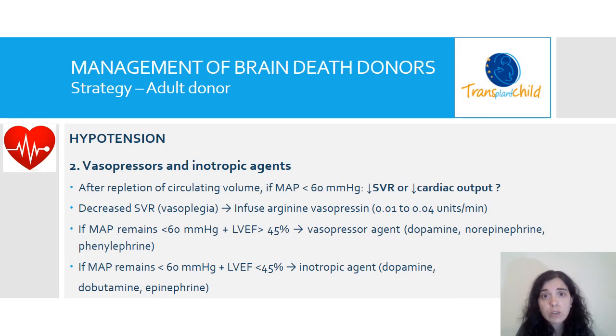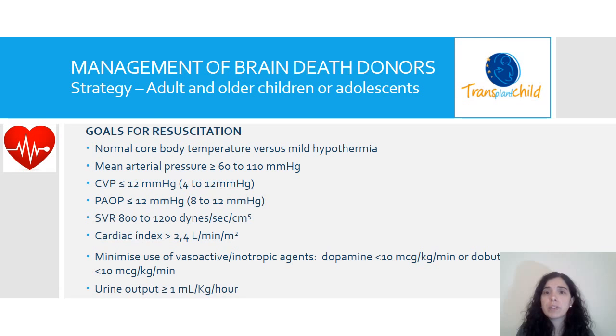Norepinephrine used in high doses is associated with post-transplant complications, including cardiac graft dysfunction and recipient mortality. If a pulmonary artery catheter is placed or other hemodynamic monitoring devices are available, the following donor management goals are suggested, as you can see in the presentation. These criteria were suggested for adult patients and are also appropriate ranges for most older children or adolescents who are potential donors.